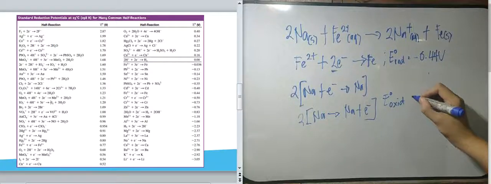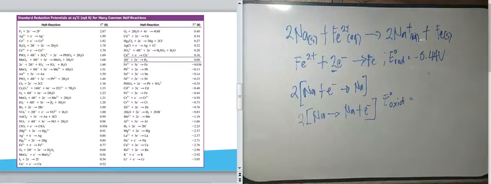Based on the table, the value of our standard oxidation potential is 2.71 volts.